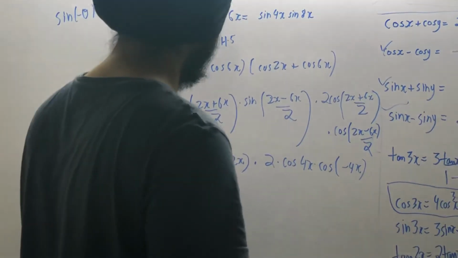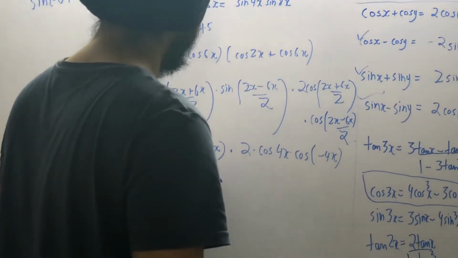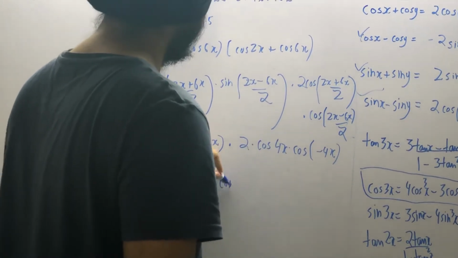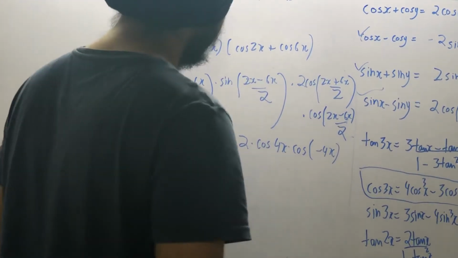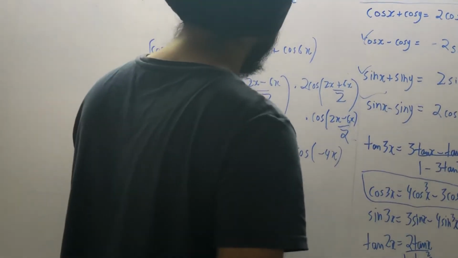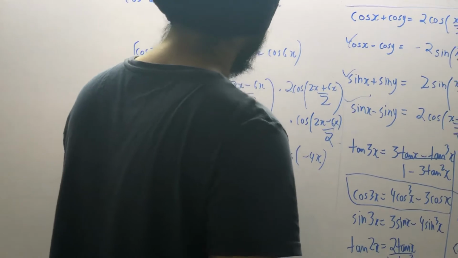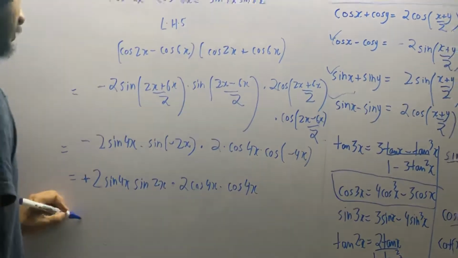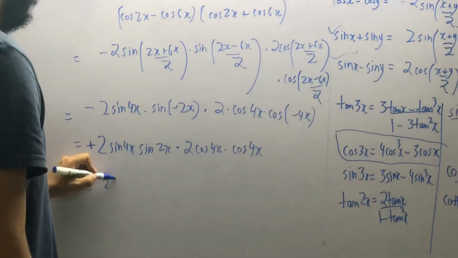Okay, into 2 cos 4x into, cos of minus theta is cos theta, 4x.